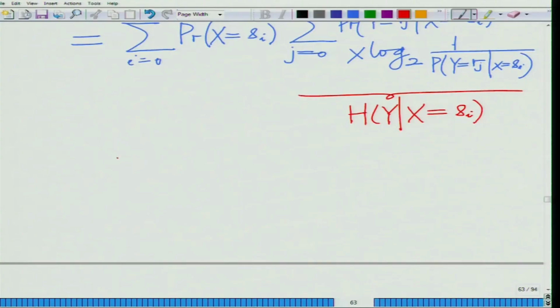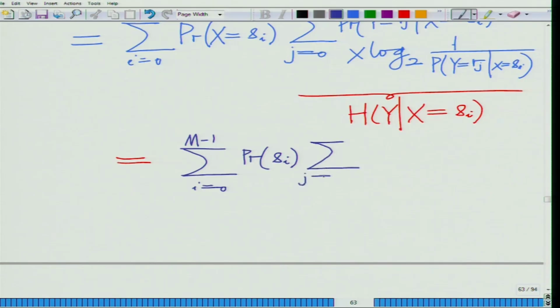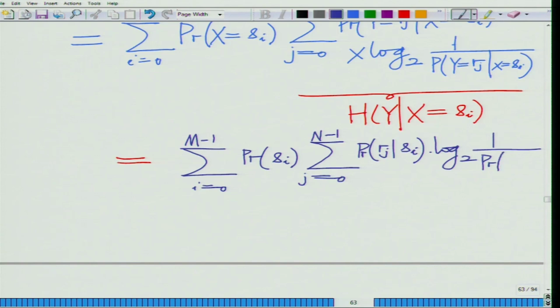Okay. Now, this can also be written as follows. So, let me just simplify the notation a little bit. This is equal to i equal to 0 to m minus 1 probability of Si times summation j equal to 0 to n minus 1 probability of Rj given Si times log to the base 2 1 over probability of Rj given Si.